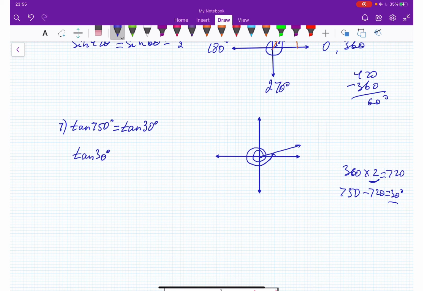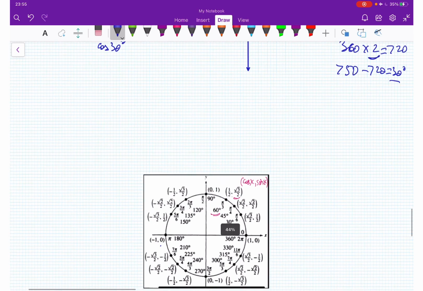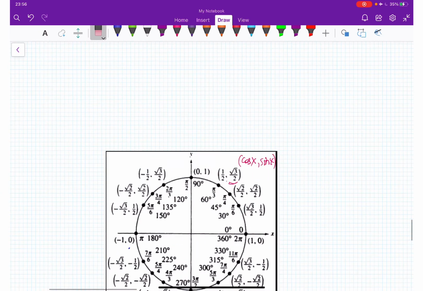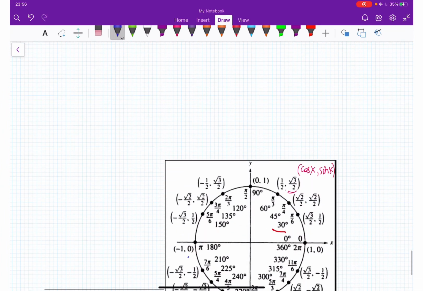Tangent 30 degrees is equal to sine 30 degrees over cosine 30 degrees. So let's find 30 degrees. Where do we have 30 degrees here? Right here. So we have sine, sine is 1/2. And cosine is square root 3 over 2.